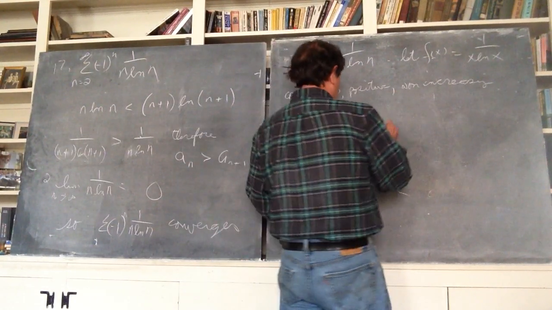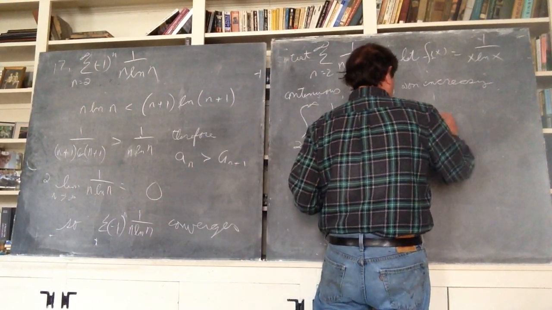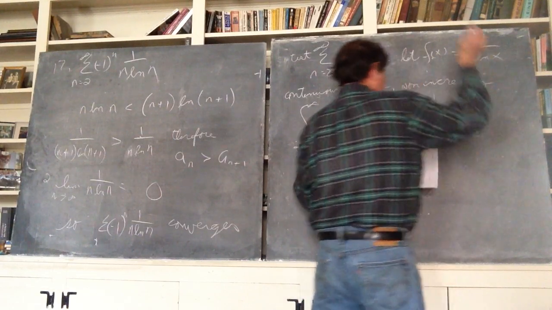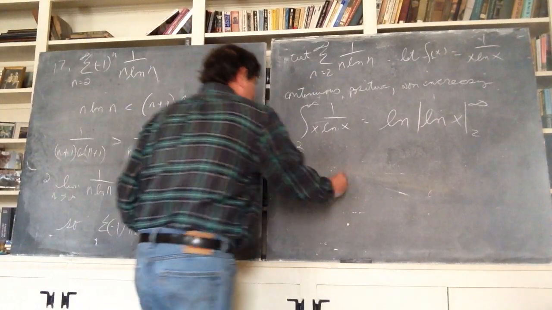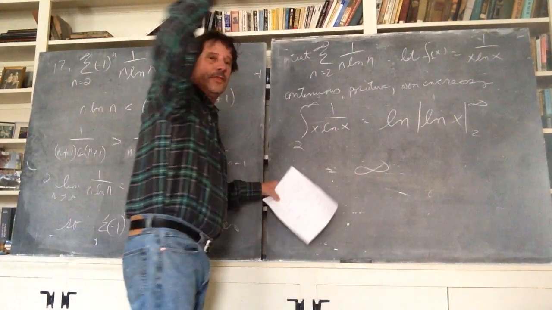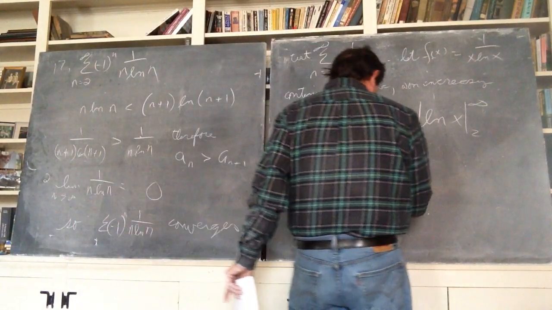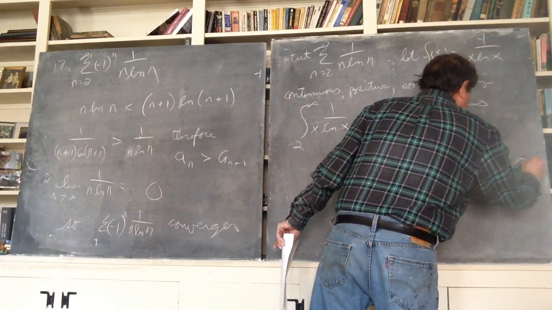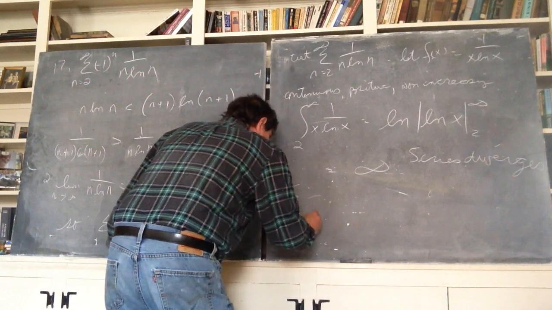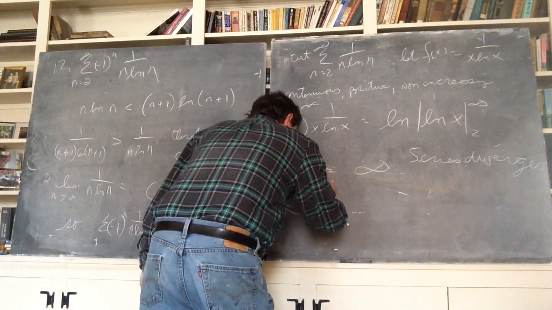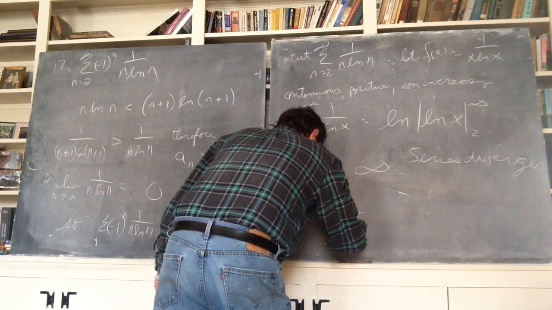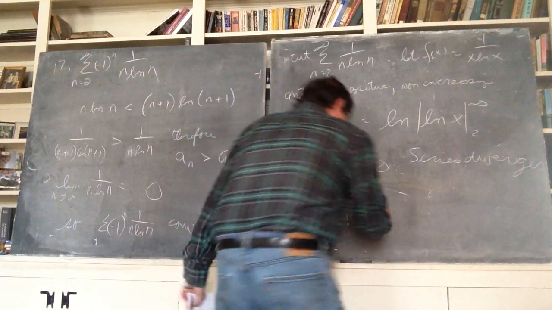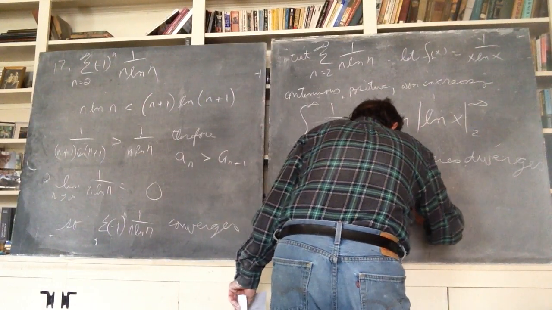Meaning that we get ln of x from 2 to infinity, which is infinite. This series diverges, so the problem itself is conditionally convergent.